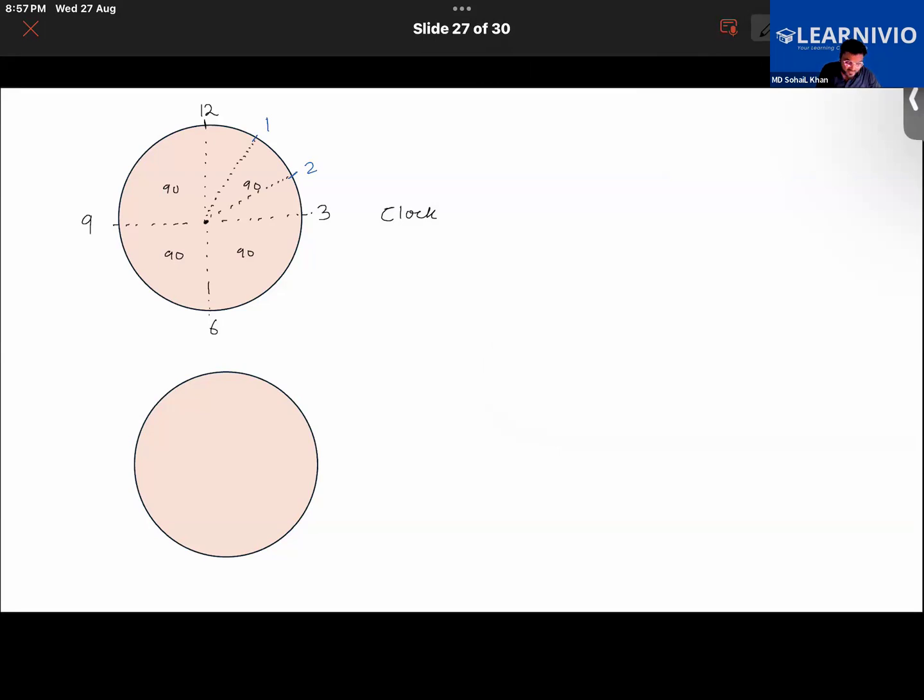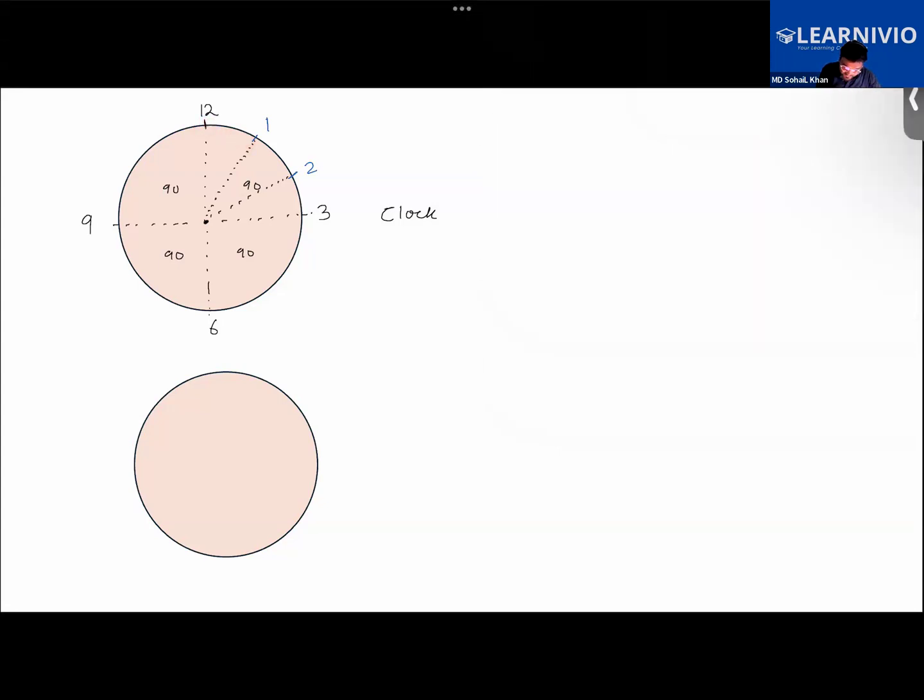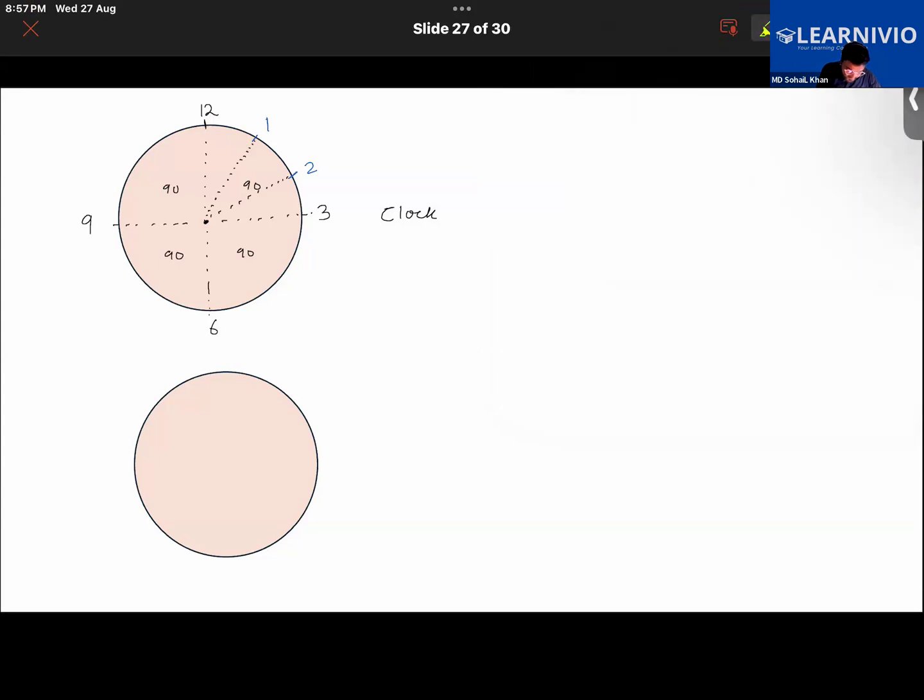I'm talking about only this much part. Let me shade it. How many degrees? 30 degrees. Exactly. Each part is divided equally, and each part is going to be equal to 30 degrees. Yes or no? Can we say that between 12 and 1, a 30-degree angle is formed?